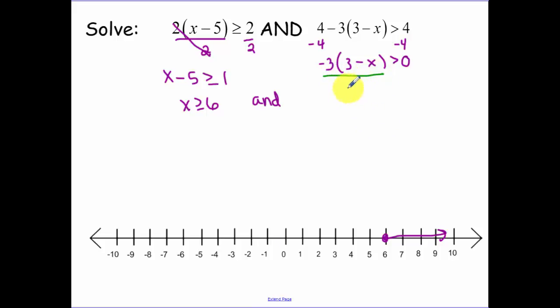Now if I divide by negative 3, we get 3 minus x greater than 0. If I add x to the other side, x is less than 3. So x is less than 3 is this piece, and I purposely did those in 2 different colors.